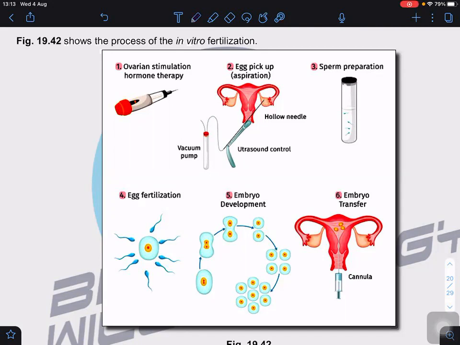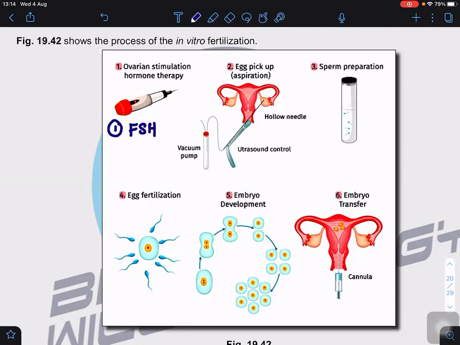So first the female will be injected with the hormone FSH, follicle stimulating hormone. When we inject FSH at a higher concentration, the follicles will develop and release estrogen, and the high concentration of estrogen will cause LH to be released.